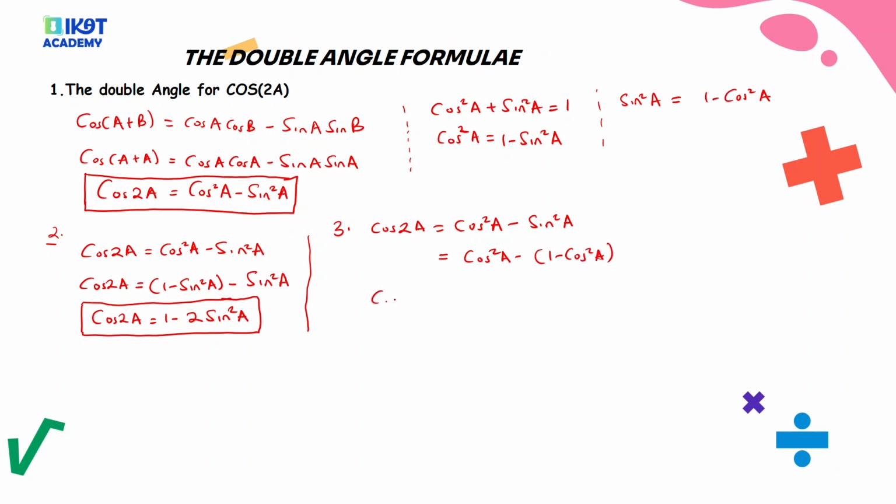So cos 2A becomes cos squared A minus 1 plus cos squared A. So what we have is cos 2A is going to be 2 cos squared A minus 1.